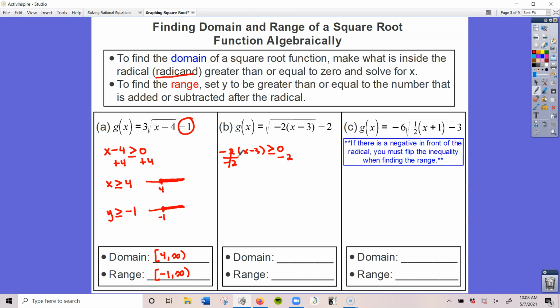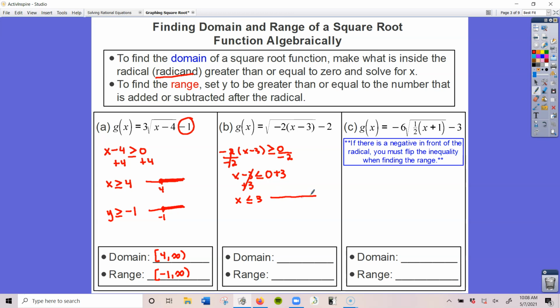When we divide by a negative, that means that the inequality symbol changes direction. So it's no longer greater than or equal to. Now it's less than or equal to. And 0 divided by anything is 0. Then we add the 3. So x has to be less than or equal to 3.